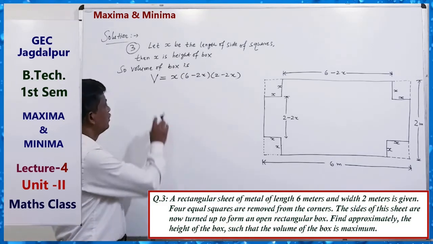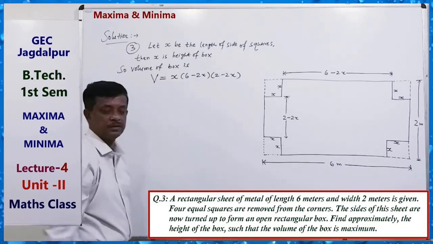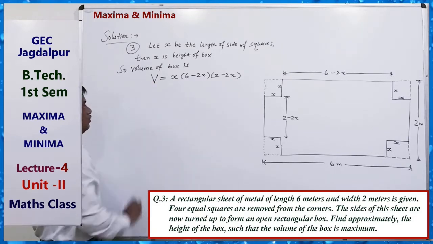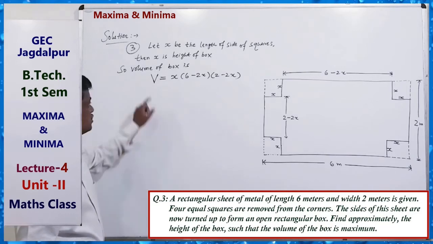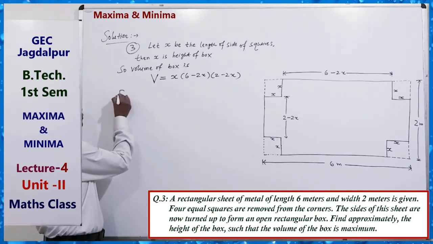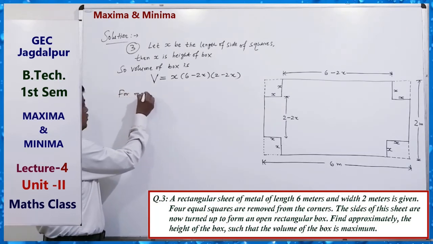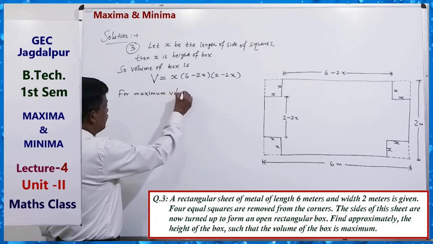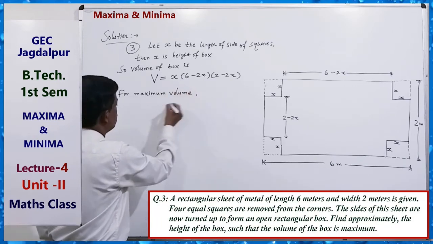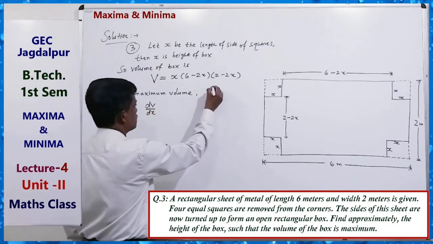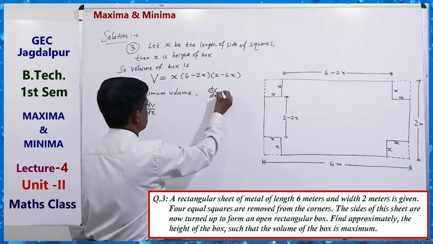This volume is a function of x. So for maximum volume, dV by dx equals 0.